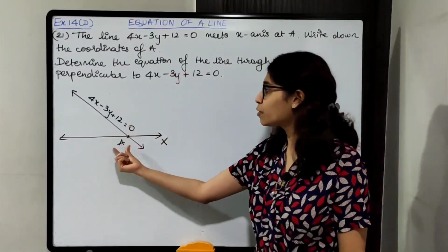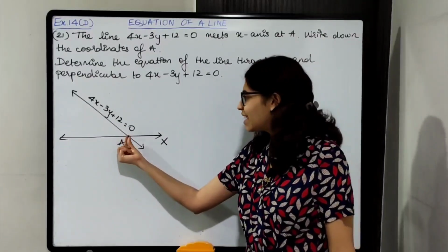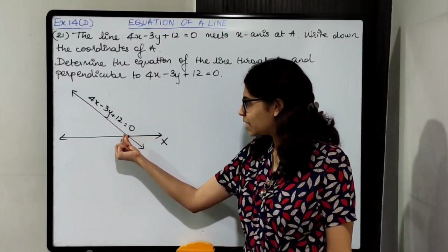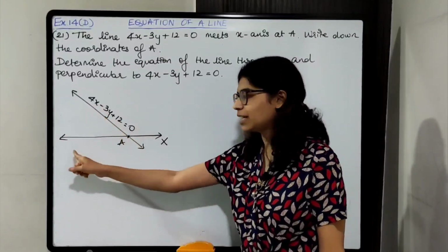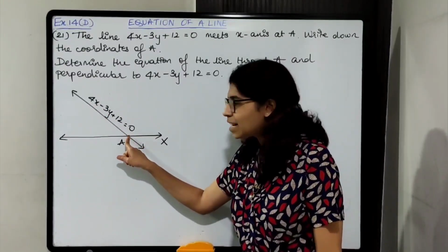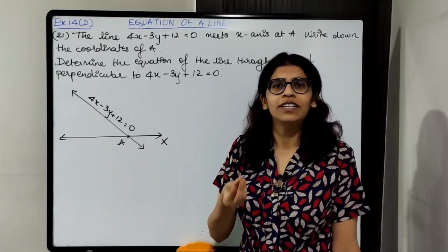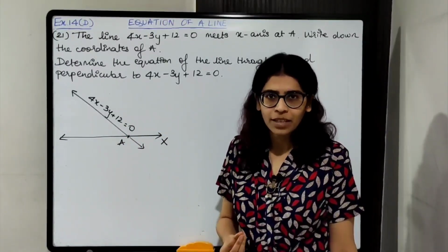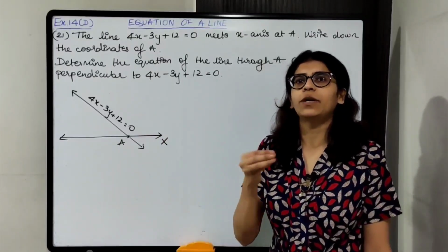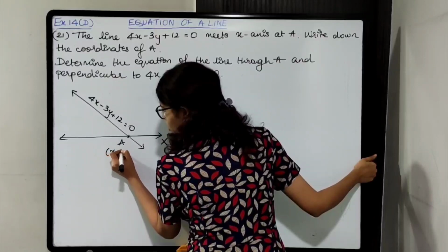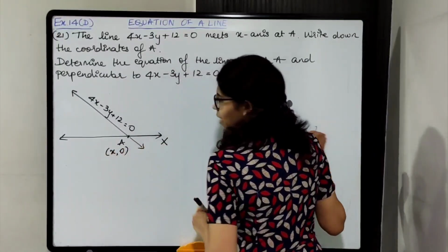Write down the coordinates of A. A is lying on x-axis, है ना? It is the point of intersection of both the lines. So it is lying on x-axis. So y coordinate क्या होगा? Y coordinate 0 होगा, है ना? It will have some x coordinate but y coordinate will be 0. So let's say that the coordinates of A are x and 0.